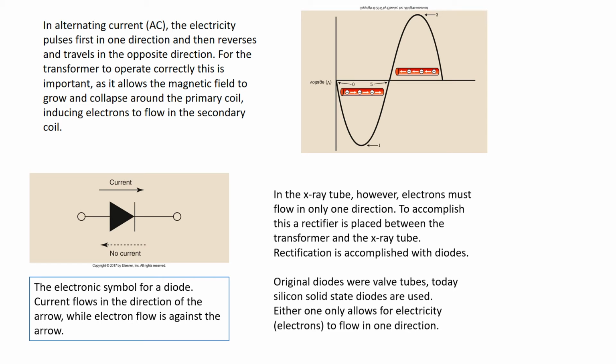Originally, the diodes used in circuits were called valve tubes, which are very similar to X-ray tubes in that they had a cathode and an anode, and electrons can only flow from cathode to anode. Today, however, we use silicon solid-state diodes. Either one of those valve tubes or the silicon solid-state diodes will allow electricity to flow in only one direction.